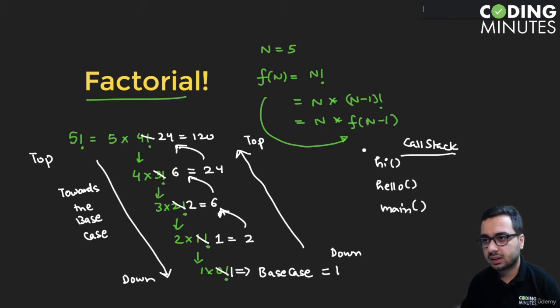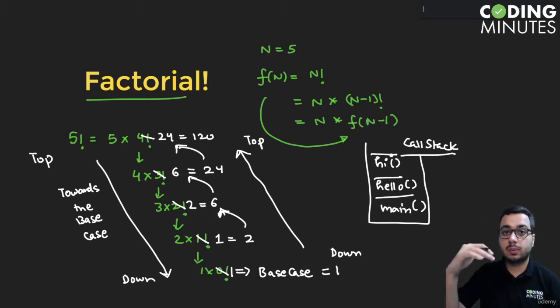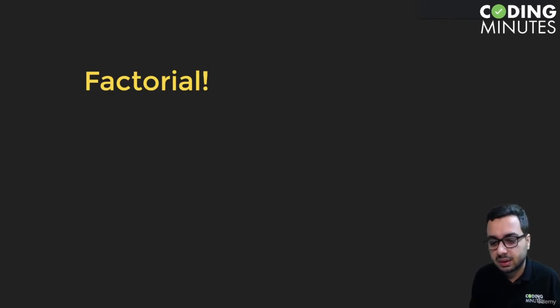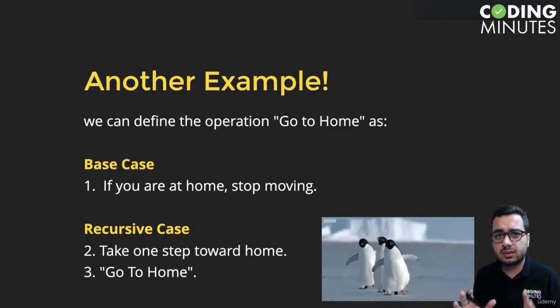In the call stack, these functions will get stacked on top of each other in the order in which they are called, and once the function hi is completed it will go off, once the function hello is completed it will go off, and once main is completed it will also go off. So recursion actually uses the concept of the call stack to store all the states of the variables that we are going to have. It will become more clear as we go through some more examples, but for this video the concept is that you understand at a high level what recursion is going to do.